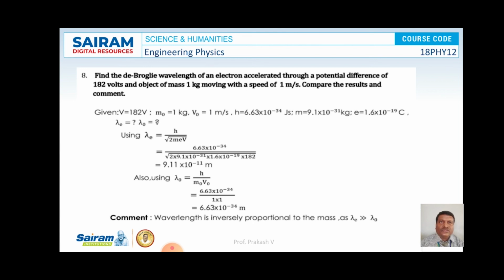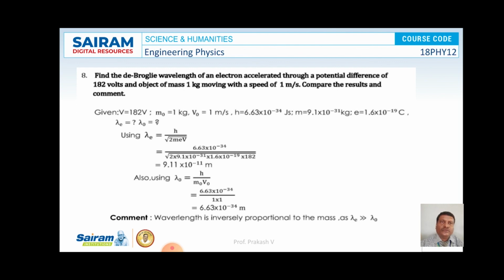And the last one: find the de Broglie wavelength of an electron accelerated through a potential difference of 182 volts, and of an object of mass 1 kg moving with a speed of 1 meter per second. Compare the results and comment.